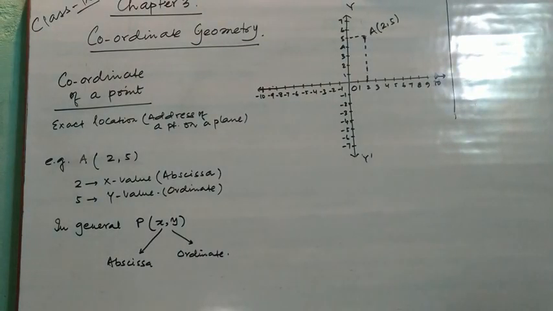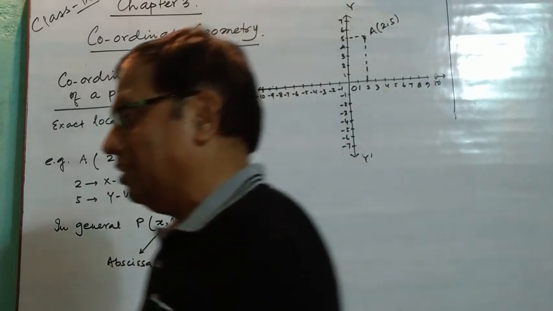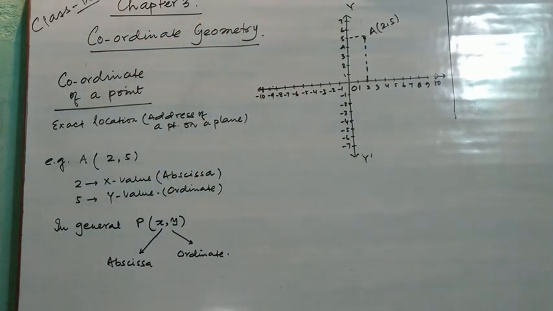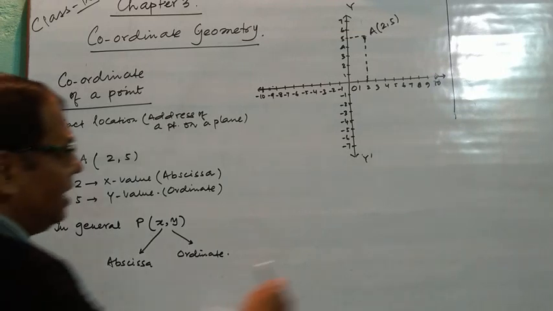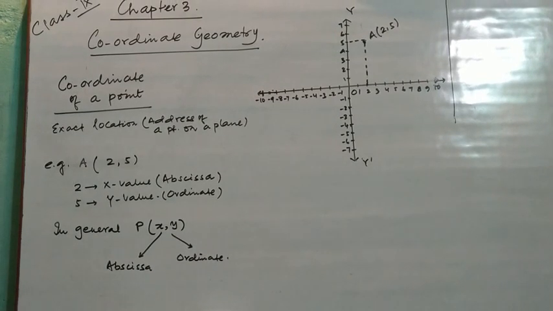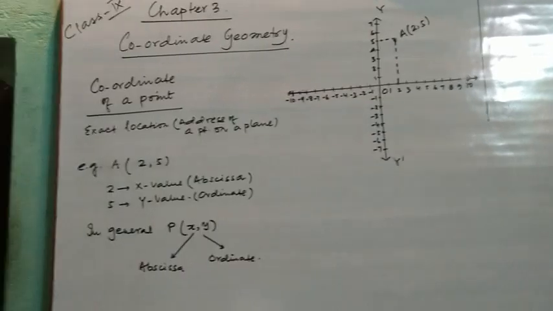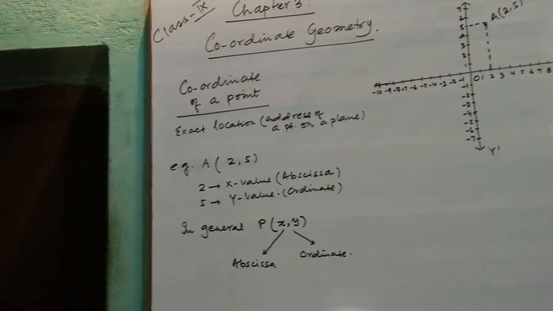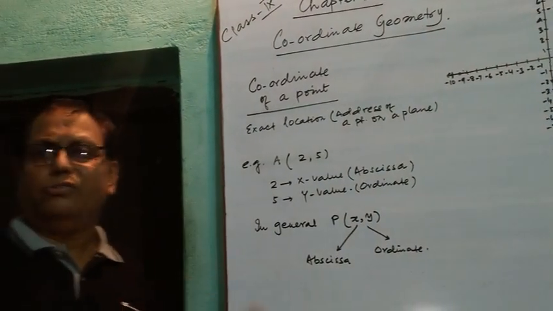They are having different names. They are having different residential addresses and like that. In the same way, this plane consists of infinite number of points, and each point is different from the other. No two points are exactly identical in all respect.